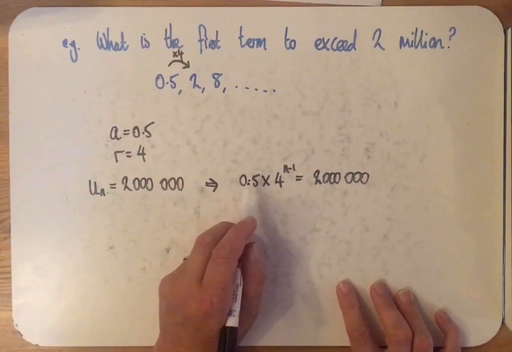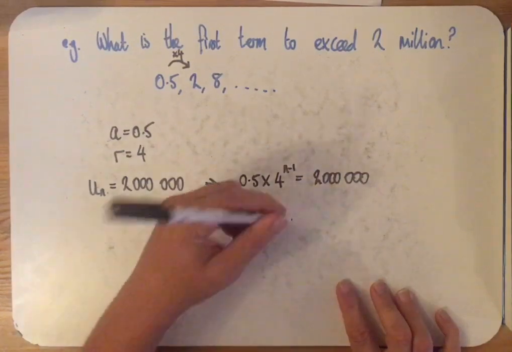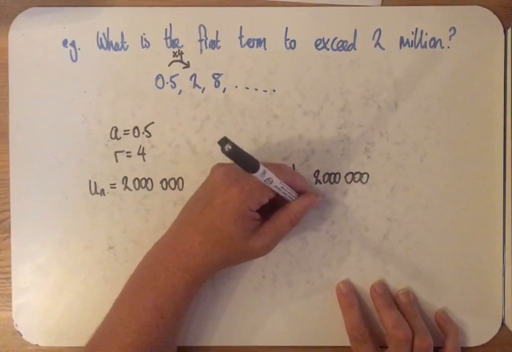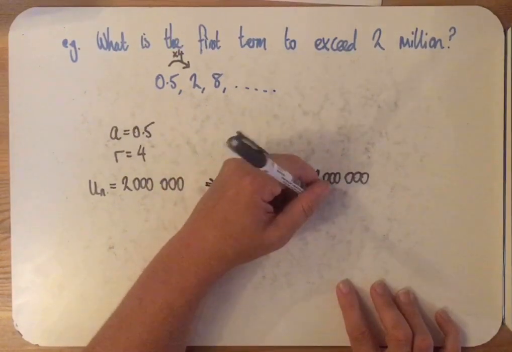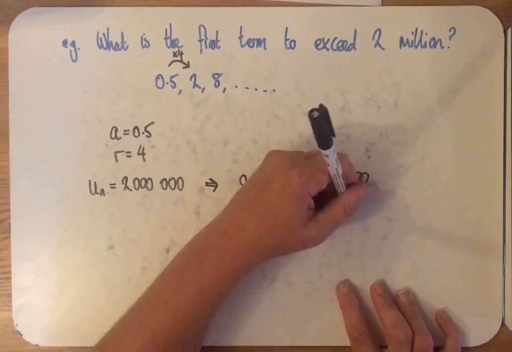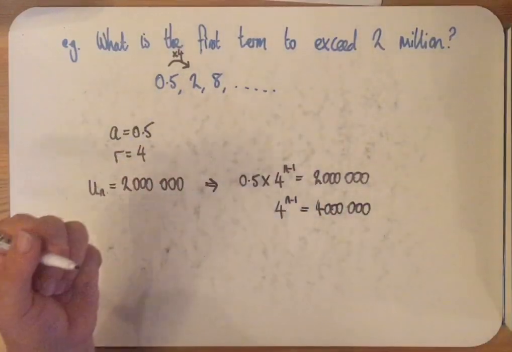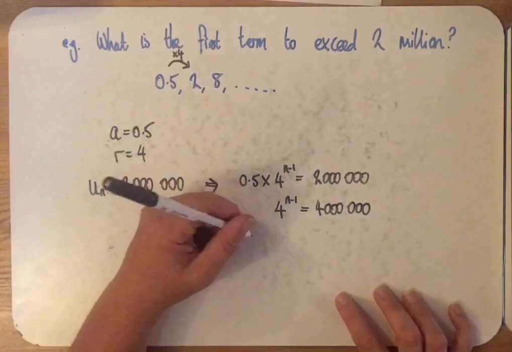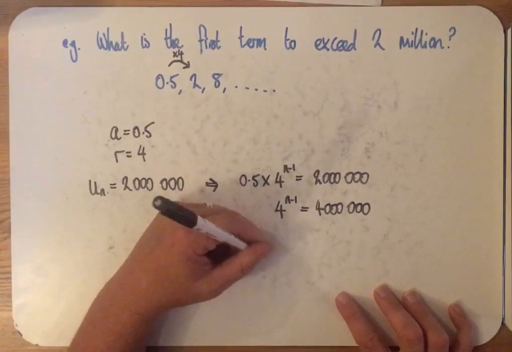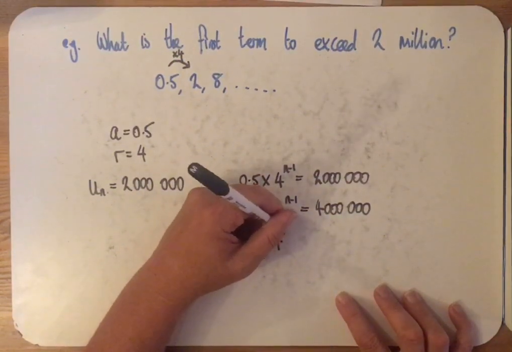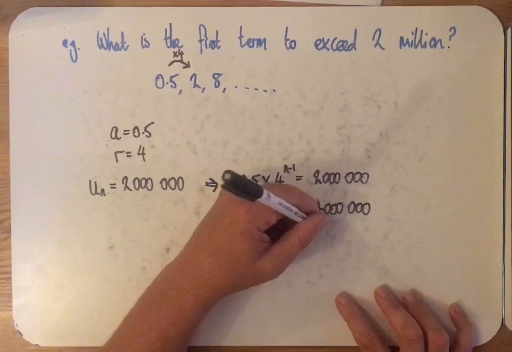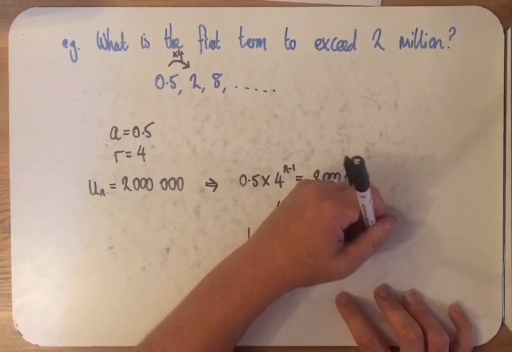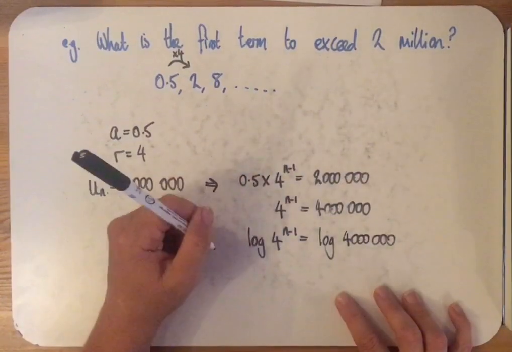First of all, I need to divide both sides by 0.5, because you need the expression with a power on its own first. Then I can take logs of both sides. You could take natural logs, logs to the base 10, whatever base you want, this will work. So if I take base 10 logs of both sides, then I can pull down the power.